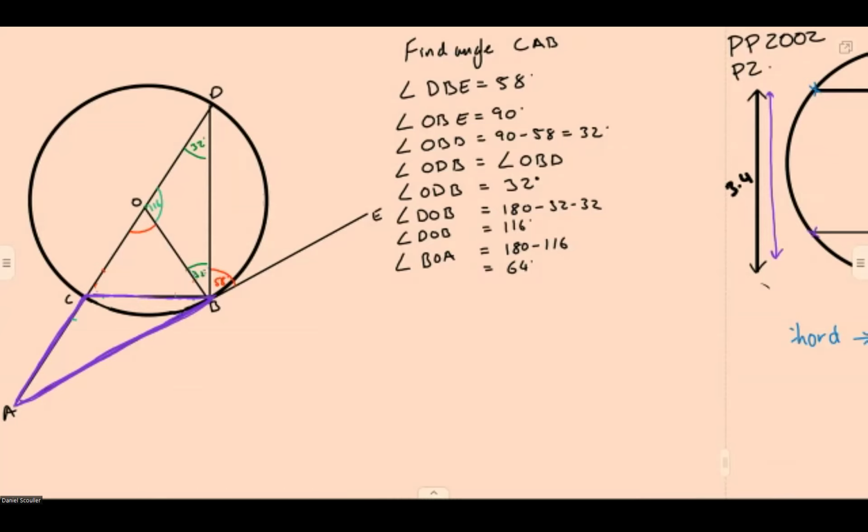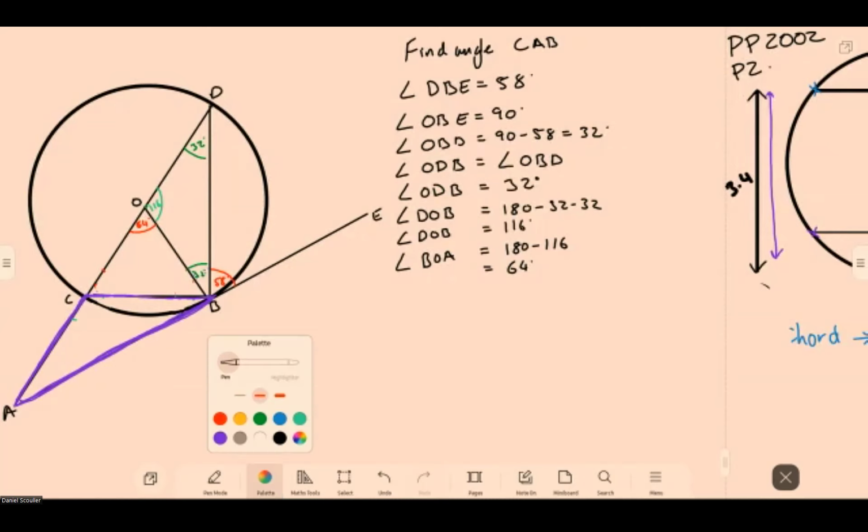BOA, therefore, is 180 minus 116, so it'll be 64. And then you said that OBA is 90, because it's a radius to the tangent. Perfect.